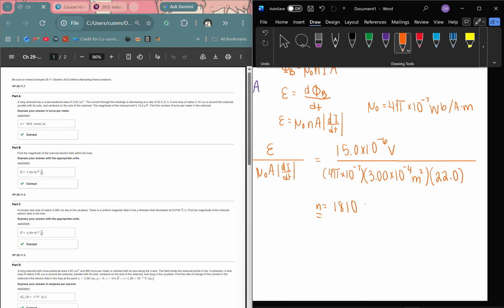So I got the number of turns per meter, 1,810. Therefore the number of turns per meter in the solenoid is 1,810 turns per meter. So that is the answer for part A.